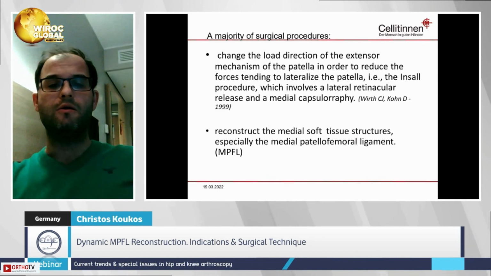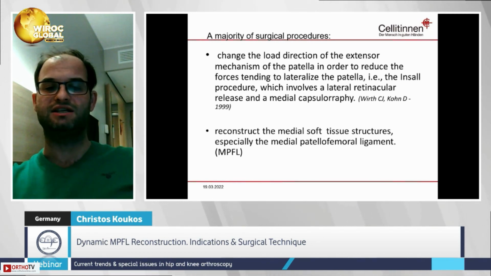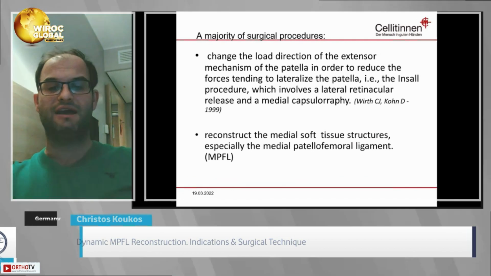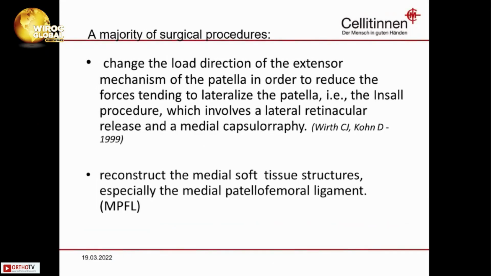Until now, we know lots of procedures, either the ones that change the load direction of the extension mechanism of the patella by forces that actually lateralize the patella, for example the Insall procedure, which is not being used that much anymore.